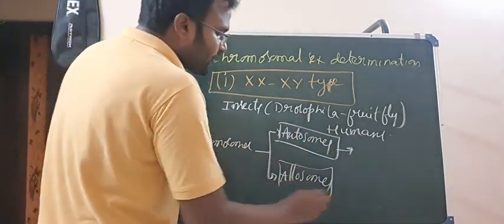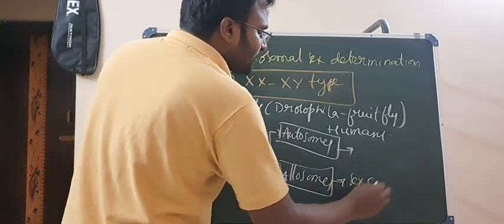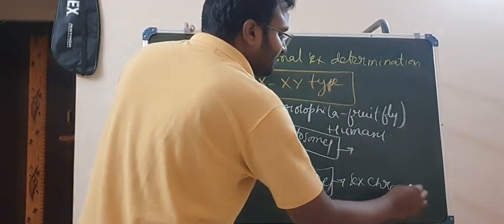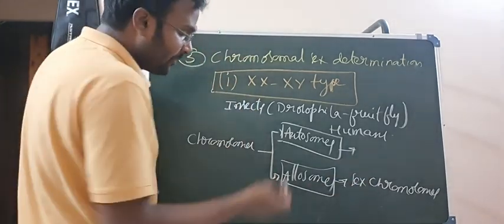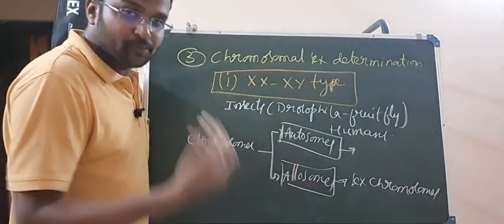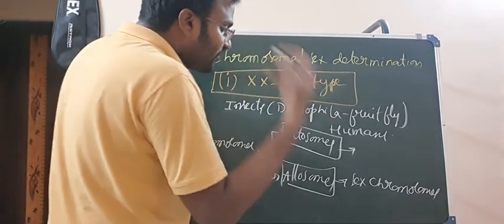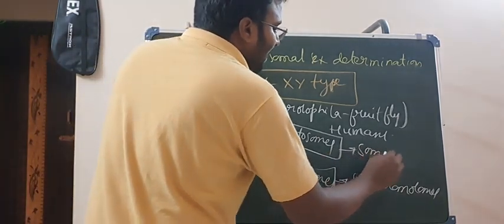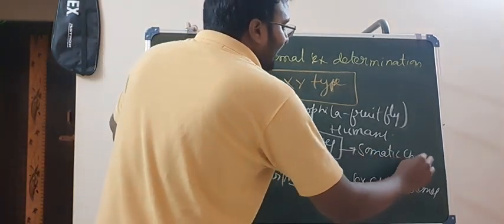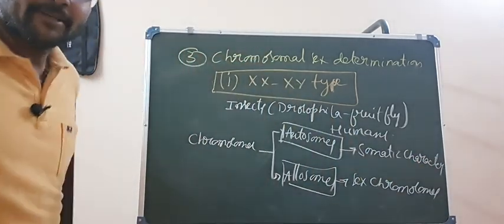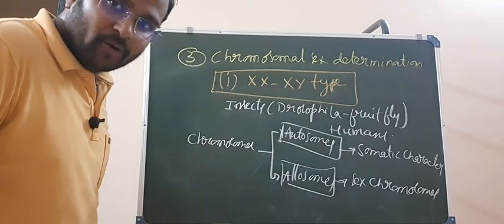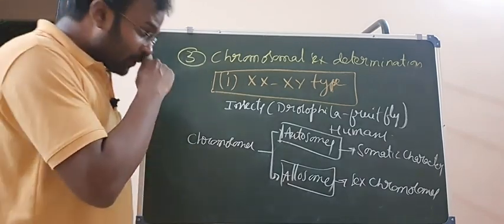Allosomes are sex chromosomes which decide the gender of a particular individual. Autosomes decide somatic characters. Somatic characters are nothing but whatever characters are present other than gender of an individual.